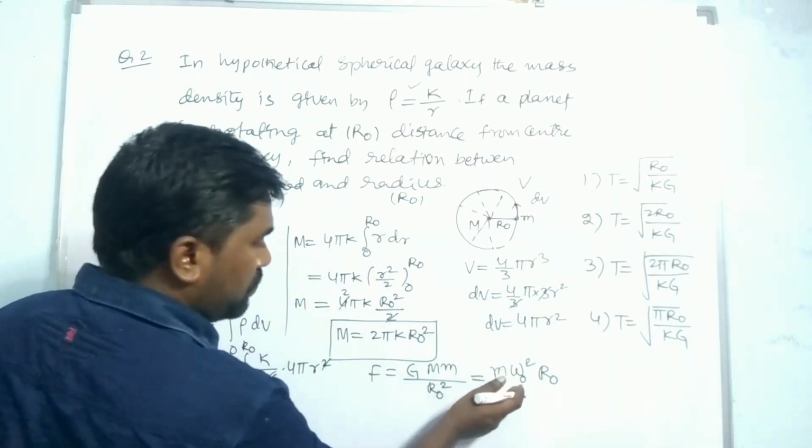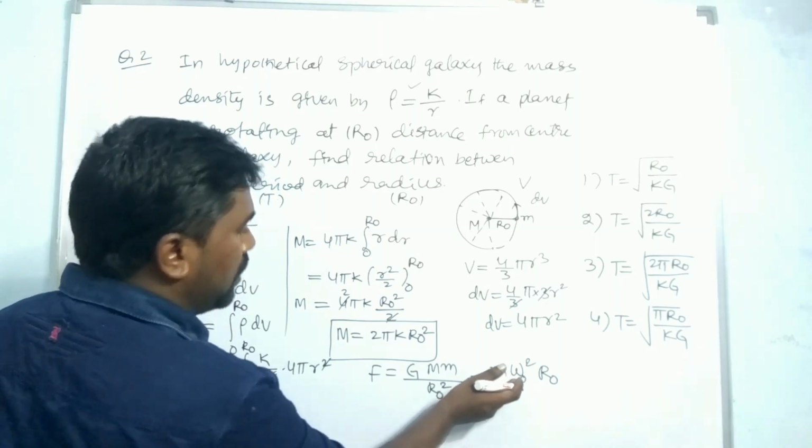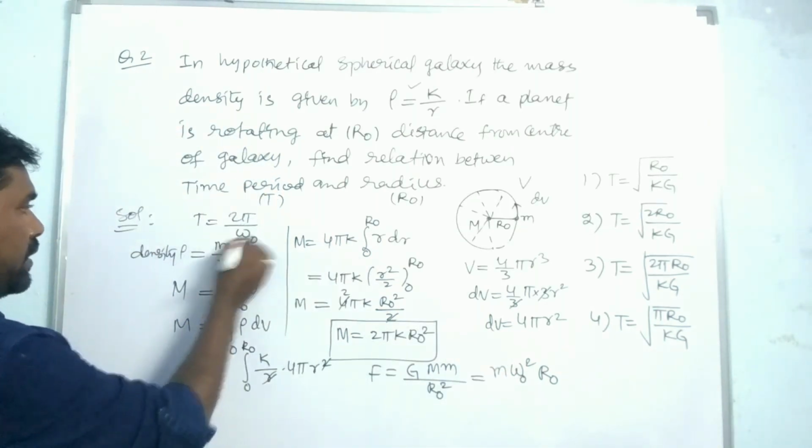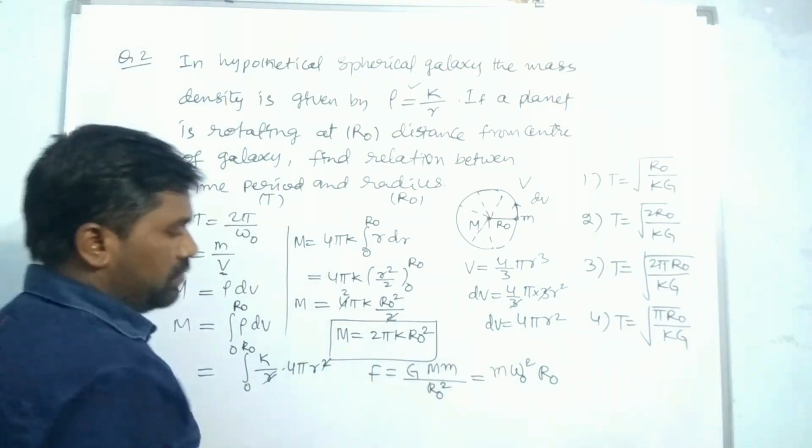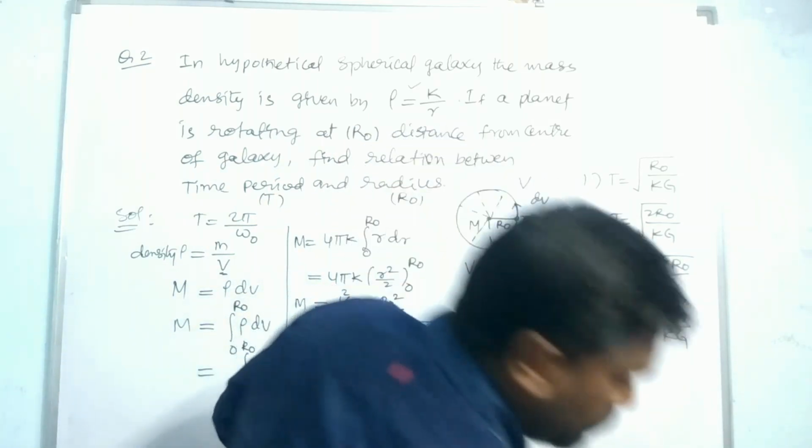By using this equation you can get the omega naught value, and then this can be substituted in here. We will get the relation between time period and the radius. Let us simplify how we can solve this.